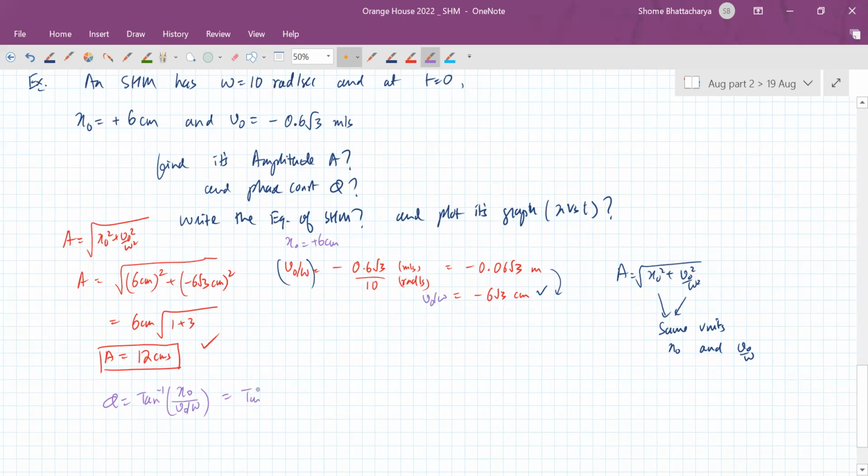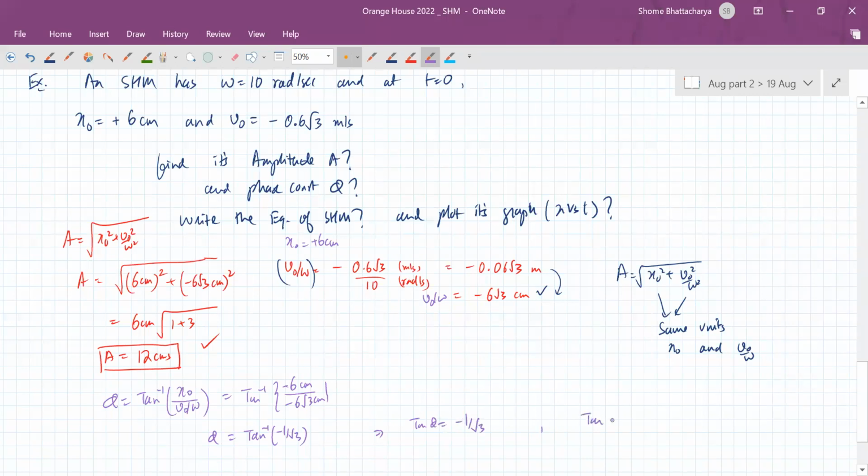So that is tan inverse of minus 1 by root 3. So that means tan phi is minus 1 by root 3.